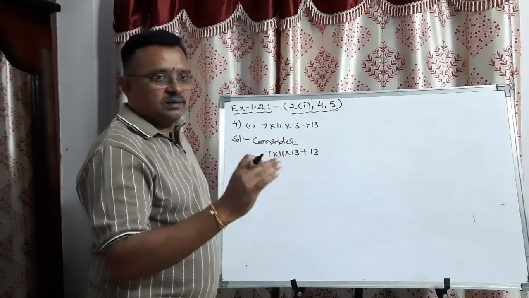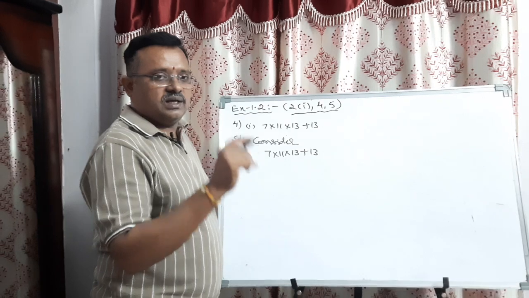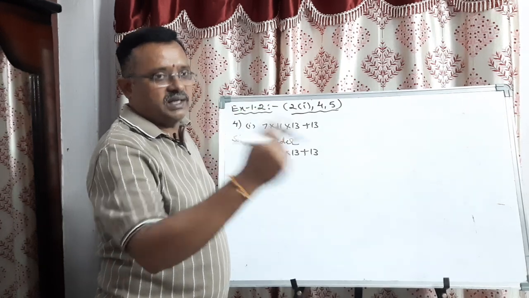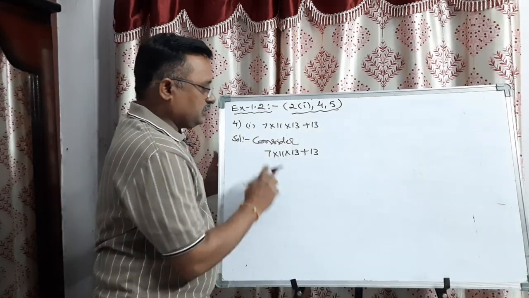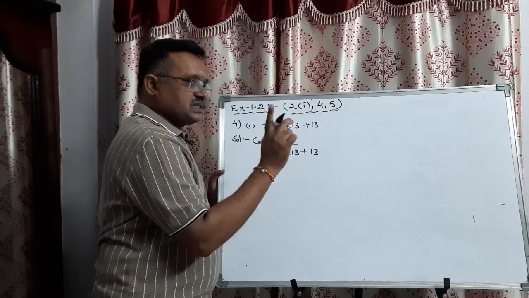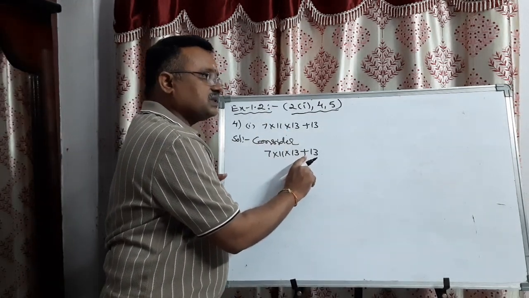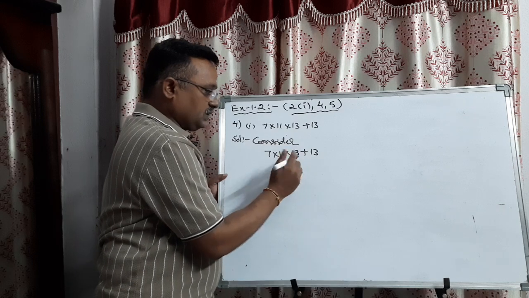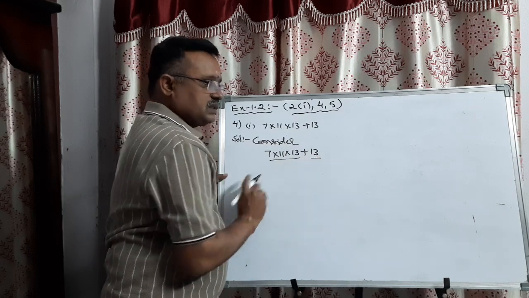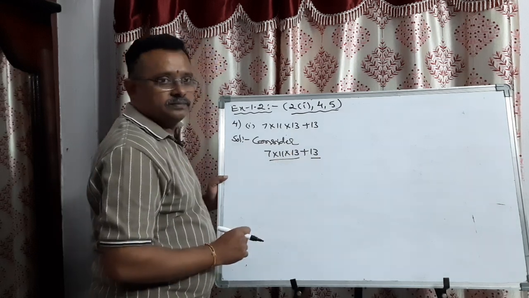The next term starts with either a plus symbol or a minus symbol. Have you understood that? So this total is the first term, plus is here, so the second term starts from here. Among the first and second terms, 13 is common.